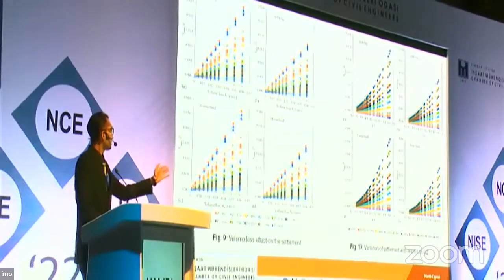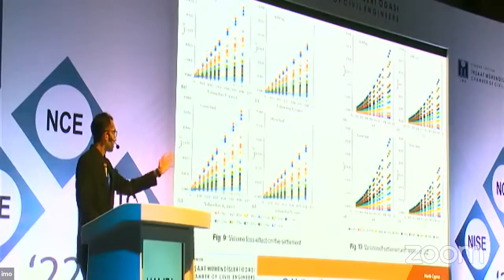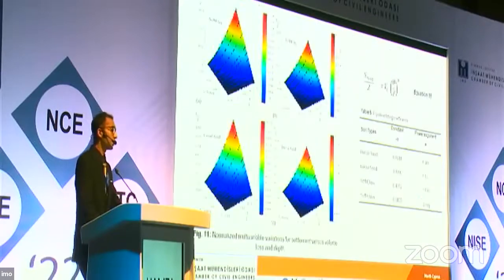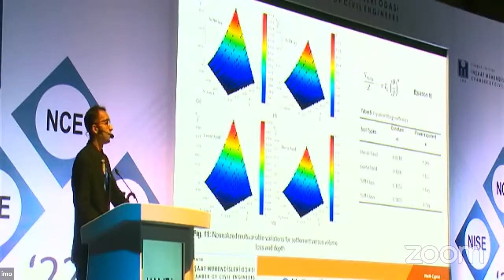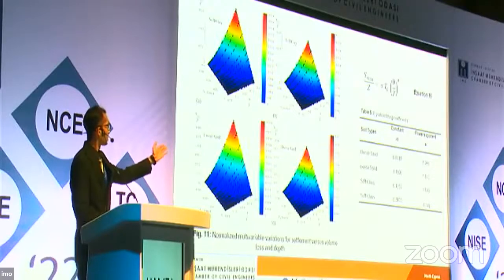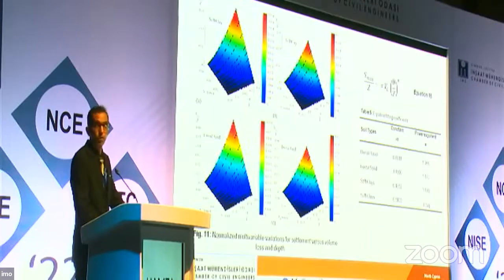Whereas for the diameter to depth ratio, on the right side, it is a non-linear relation, as observed. If we combine these two effects, we modified the original equations based on the volume loss and the diameter to depth ratio, and the inflection point was omitted by replacing it with fixed fitting coefficients. These are the fitting coefficients for different types of soils which can be employed.